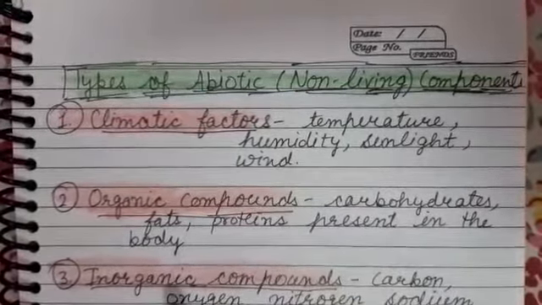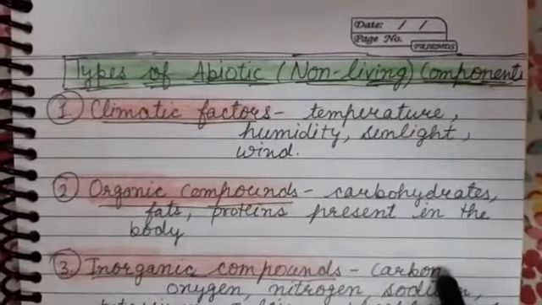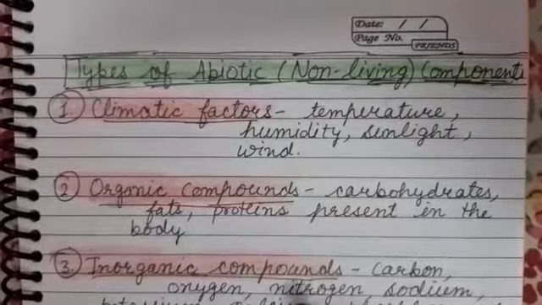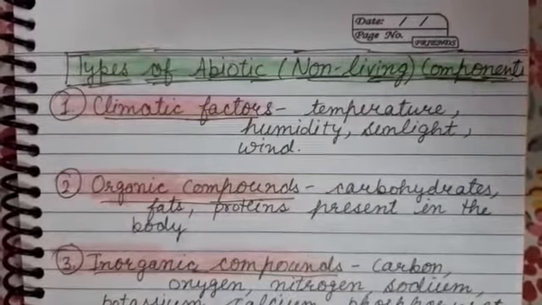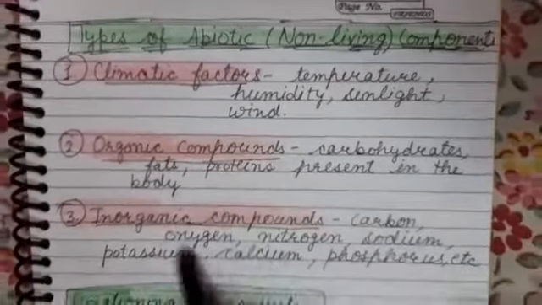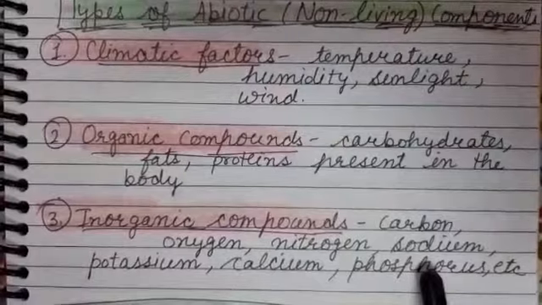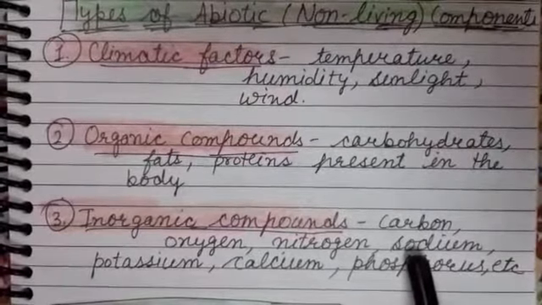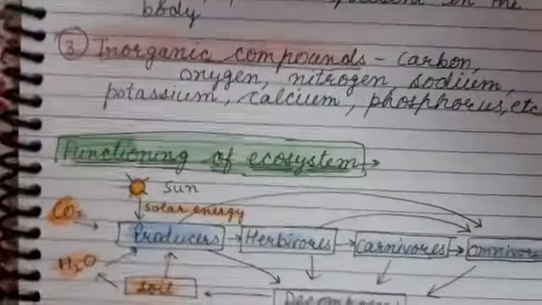And third is inorganic compounds like carbon, oxygen, nitrogen, sodium, potassium, calcium, etc. These all are the inorganic compounds. All these three are the abiotic components of ecosystem. Now, our last topic today is functioning of ecosystem.